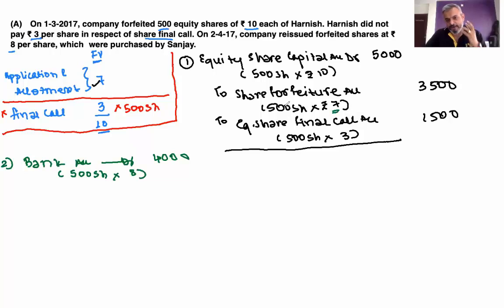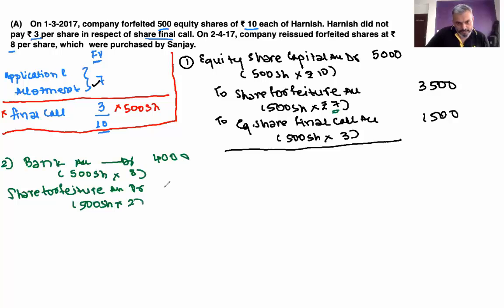So 7 per share what we have forfeited. So out of those 7, we give 2 rupees discount. So share forfeiture account debit, 1,000. To equity share capital account. Capital always with the face value.